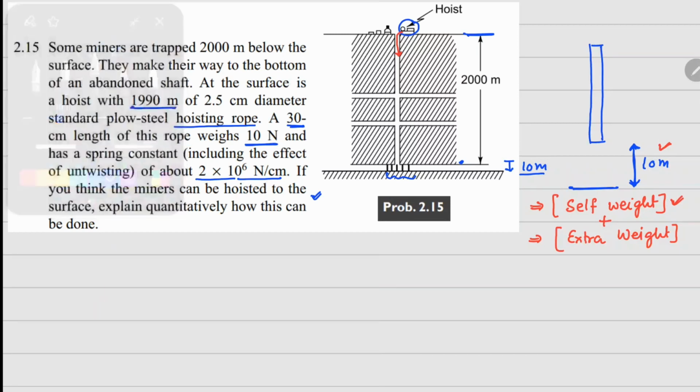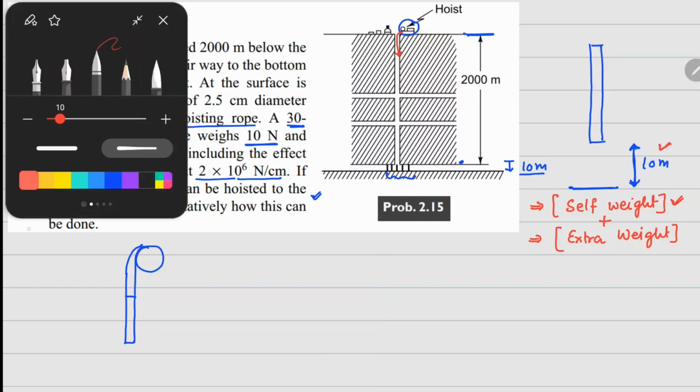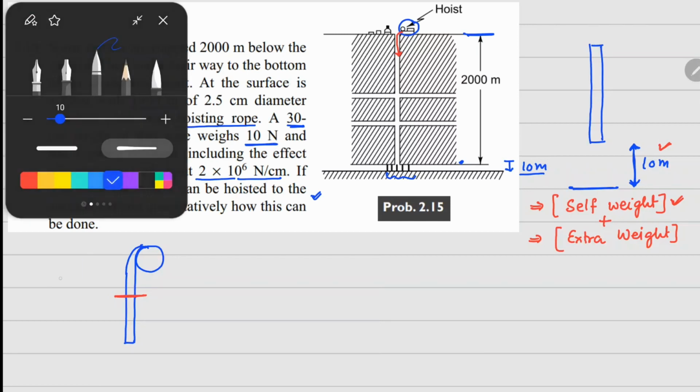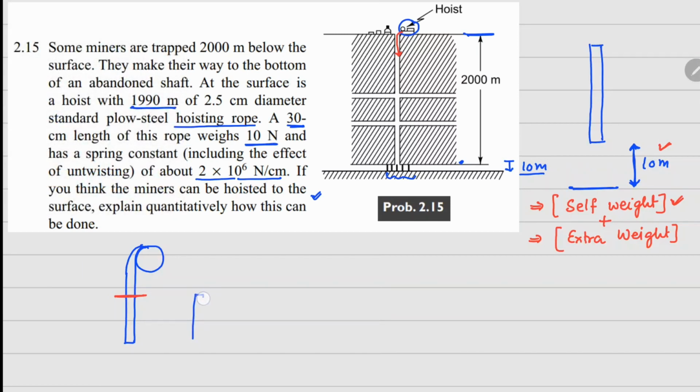So let's look at the first case when only self weight is there. If you look at this cable, let's say it is hanging in this manner here. Now at any cross section, if I cut it right there and try to analyze the forces on it, there will be tension right here, which is T, and there will be this weight acting downwards.